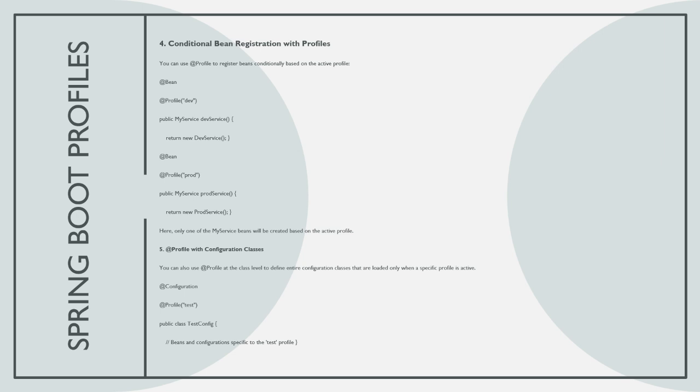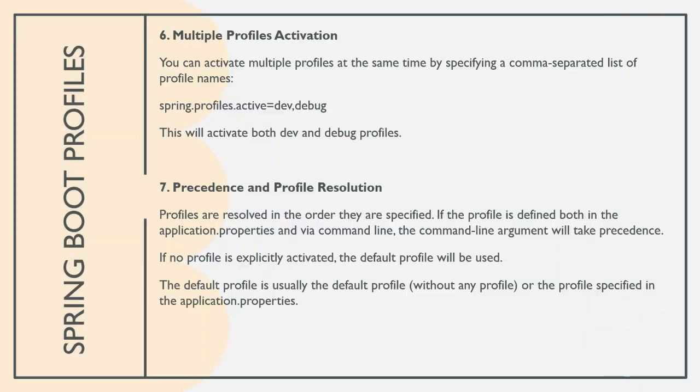Similarly, we can define one for prod, and then only one of the beans will be created based on the profiles. We can use profiles with configuration classes also. As we already discussed, that was @Configuration with the profile, so we can define that.